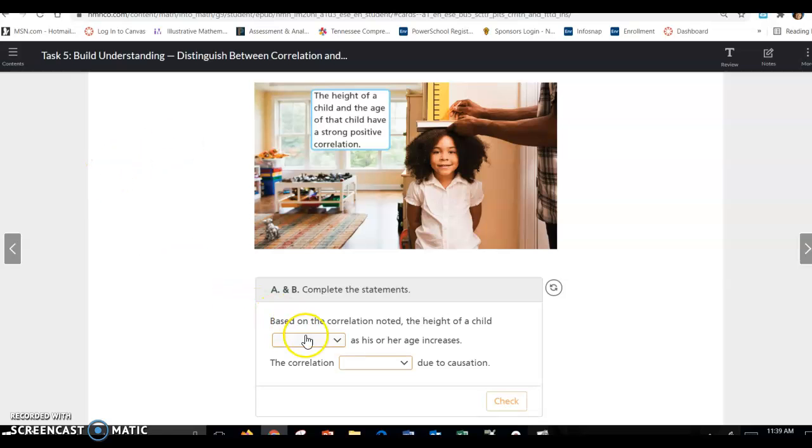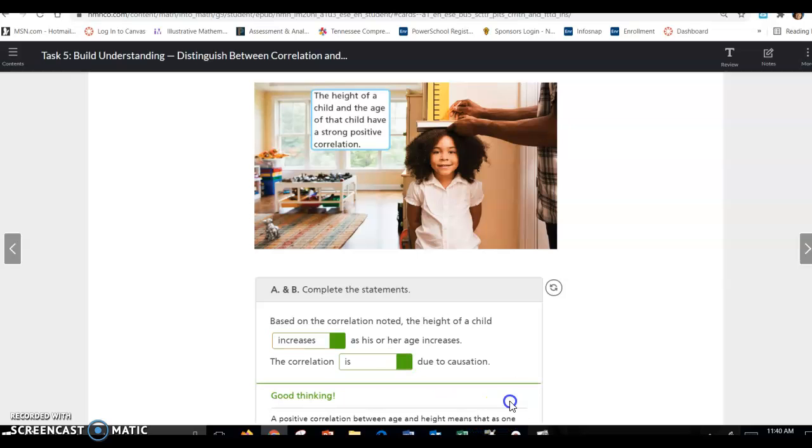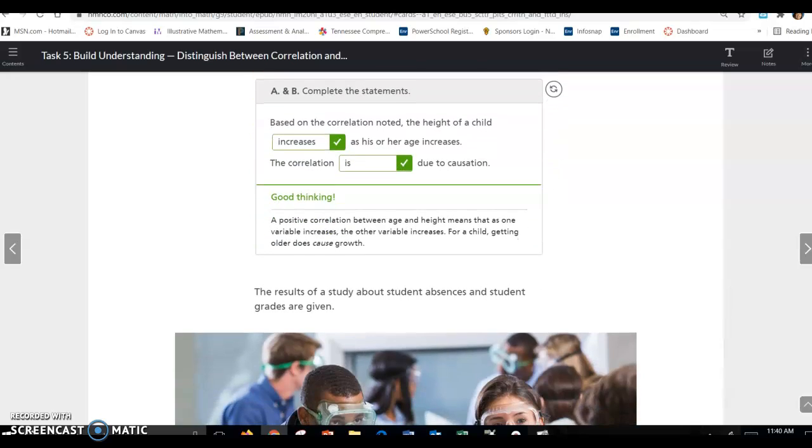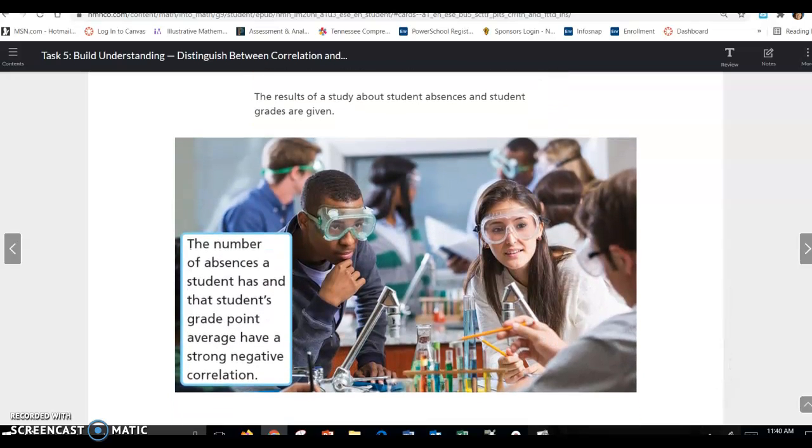All right, so it says based on the correlation noted, the height of a child increases as his or her age increases. The correlation is due to causation. Okay, so in this case, correlation and causation go hand in hand. As a child gets older, they should get taller, up until a certain point.